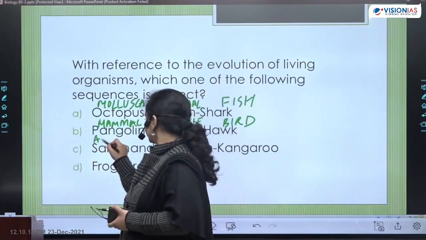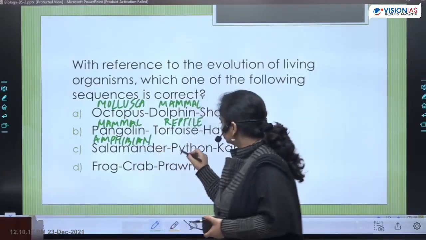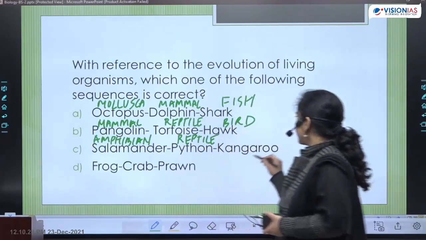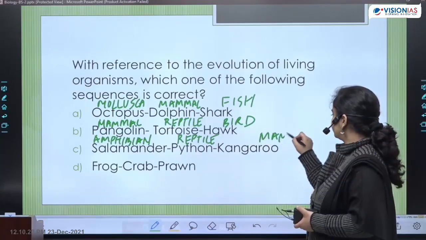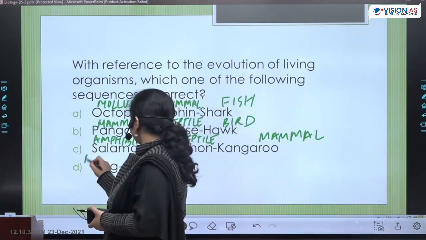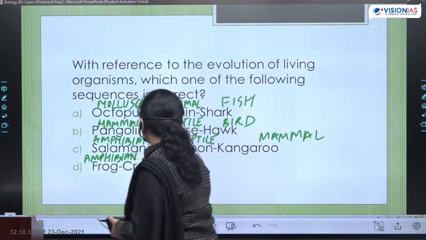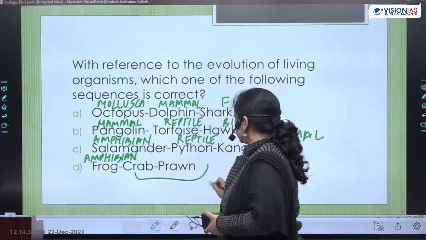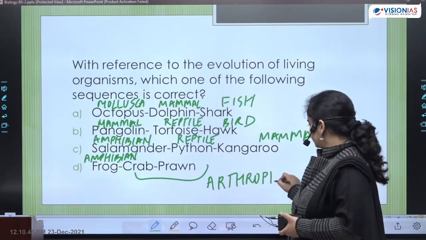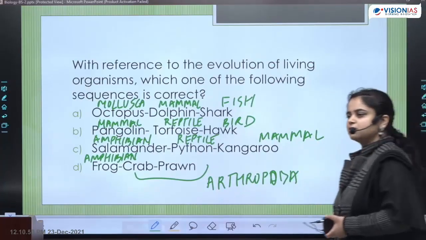Salamander, amphibian. Python, python is a snake, so it will be a reptile. Kangaroo is a mammal. Then frog again is an amphibian. Then you have crabs and prawns. They are the Arthropoda group.